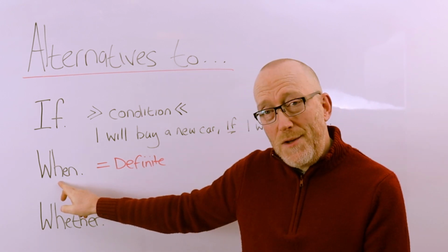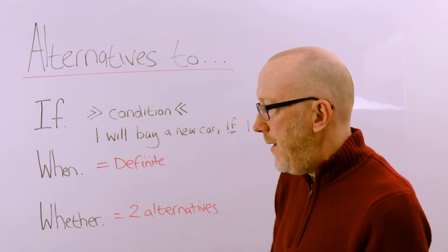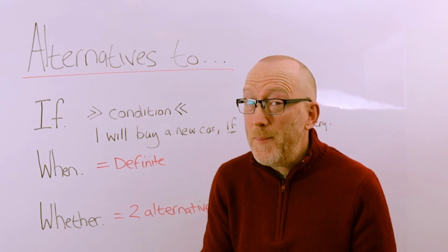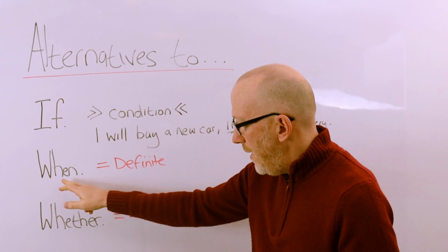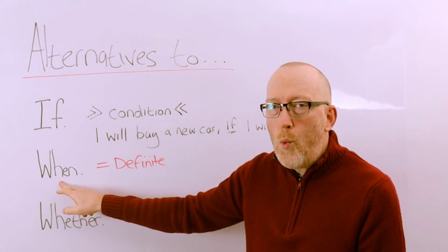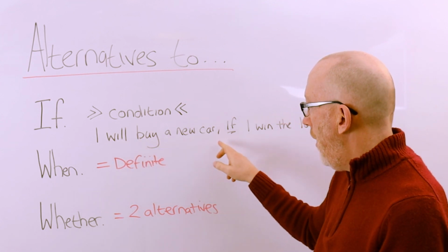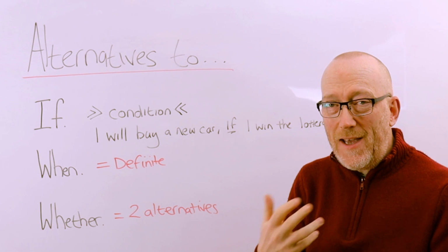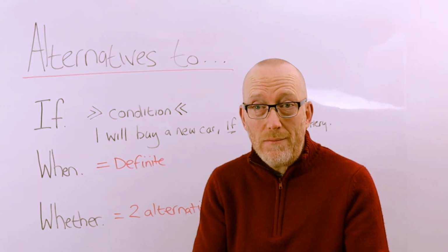Now, another alternative, when you want to describe something that will happen, where there's not a possibility of it happening, you know this action will happen, you can simply use when. So for example, I will buy a new car when I win the lottery. When is allowing you to describe that winning the lottery is going to happen.